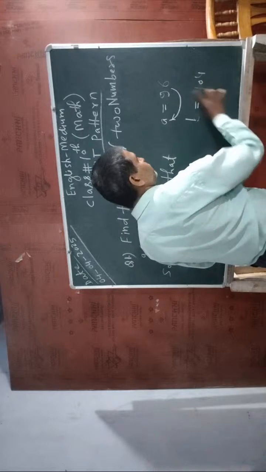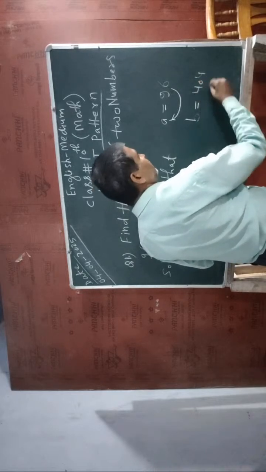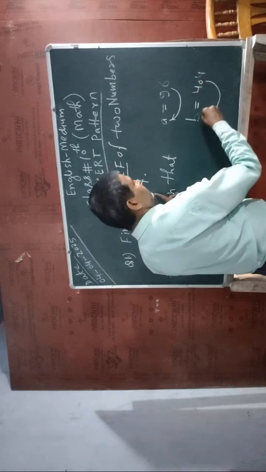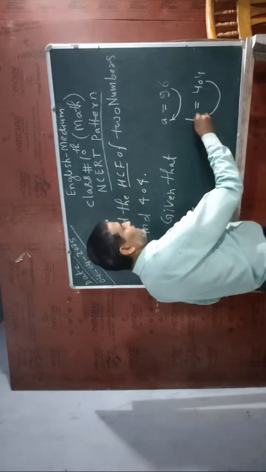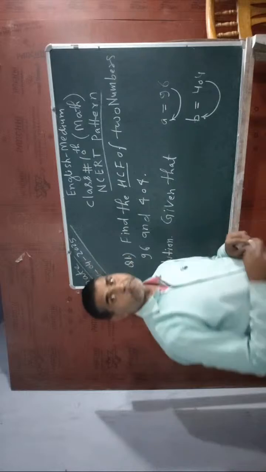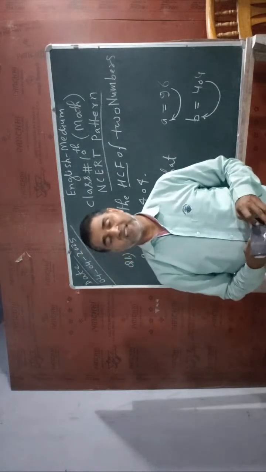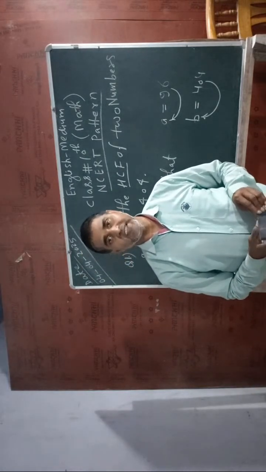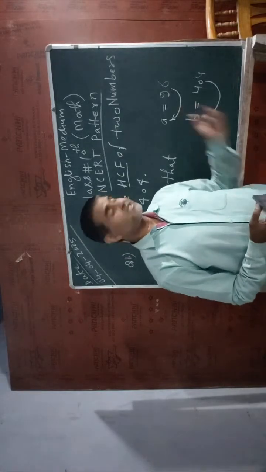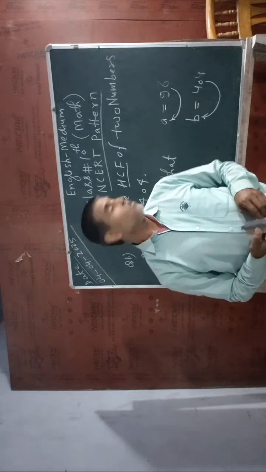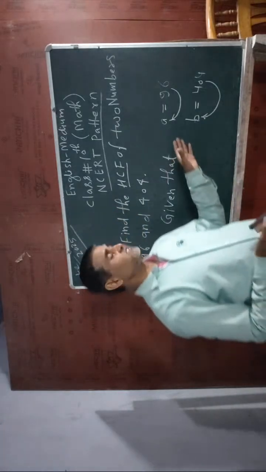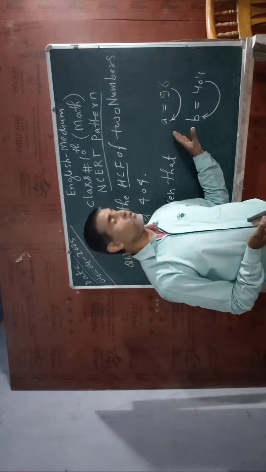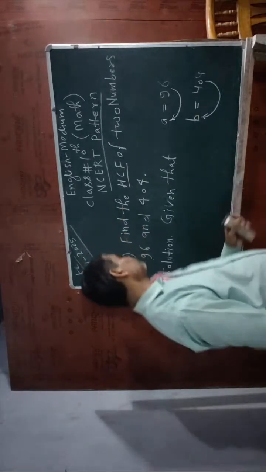So 404 value I will assign in B. After assign, I will get its prime factor. In previous class I have already explained the concept of factorization of a given number. So here I am going to use the same process for evaluating its value.